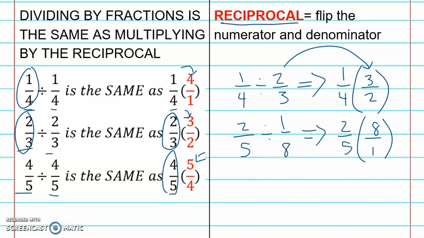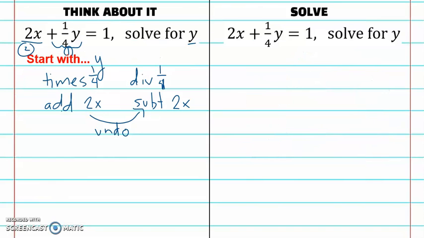Okay, so that's what I want you to know, because sometimes putting it into multiplication is less confusing than writing it as a divide by the fraction, because then we get all these fraction bars and funky things start happening with our brains. Okay, all right, so I just gave us another option. So divide by 1/4, or we can multiply by the reciprocal of that, which is 4, or 4/1.